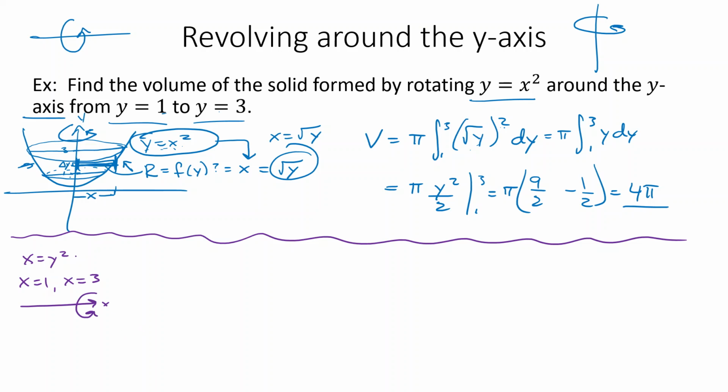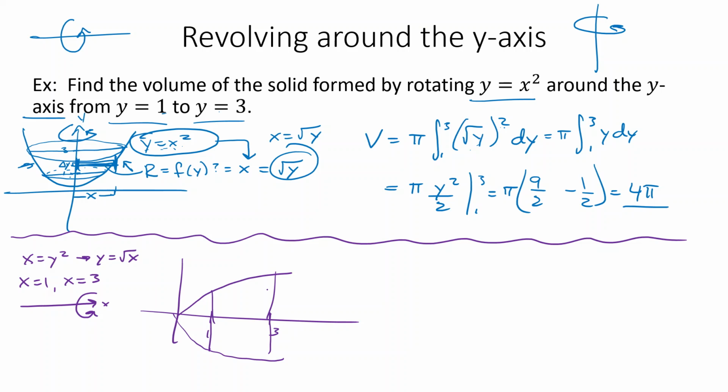If we solve this, we'd get y equals the square root of x, and it would look fairly similar. Square root of x is going to look like that. We're going from 1 to 3, and we're just spinning that around this axis here. It makes this sort of shape here.